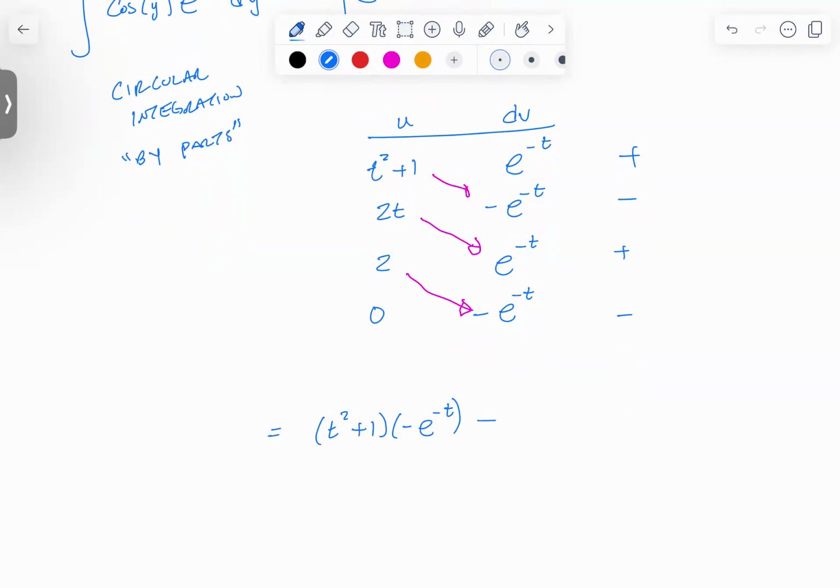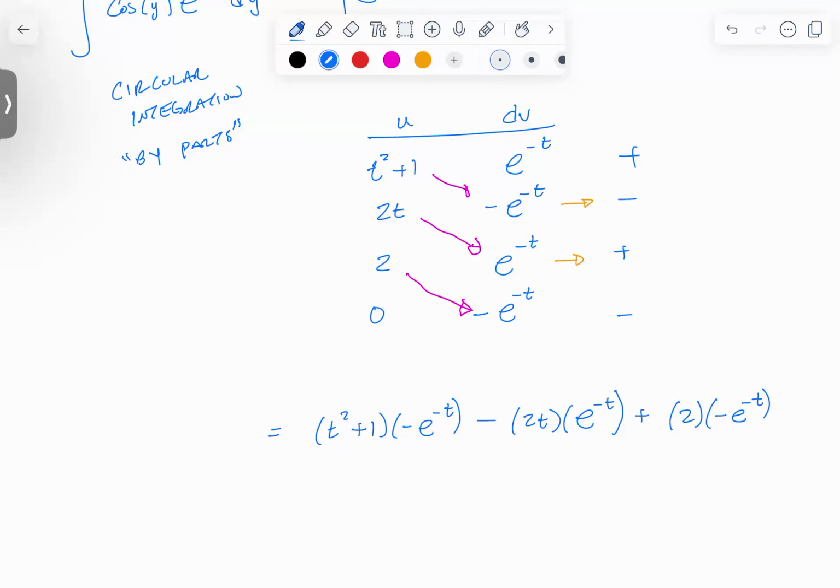So that multiplies, then I say minus, following that sign through. Then minus the next multiplication on the next line, which is 2t times e to the negative t. Following that sign through again, plus, because it's taking into account negative times a negative. Basically, that's what the tabular does. And then 2 times negative e to the negative t minus, and then the next step, which is zeros.